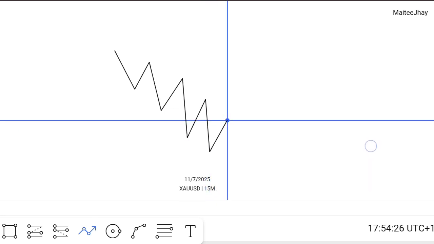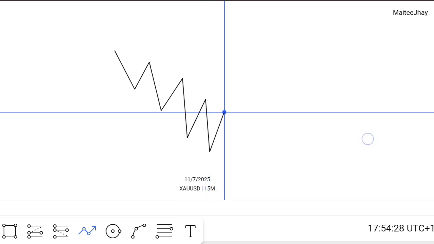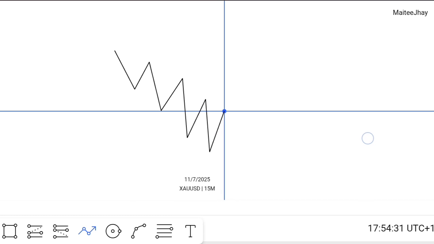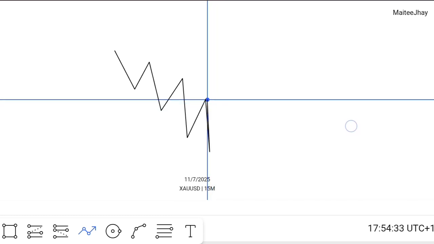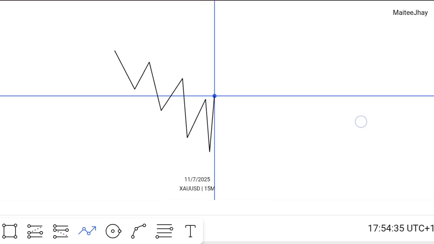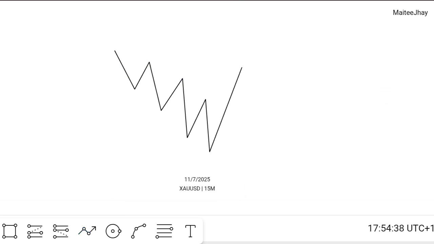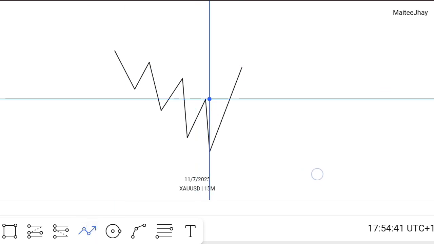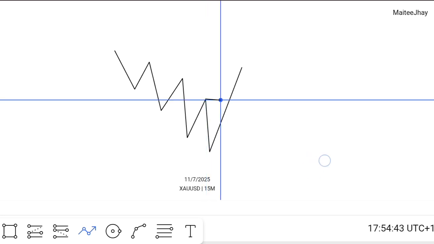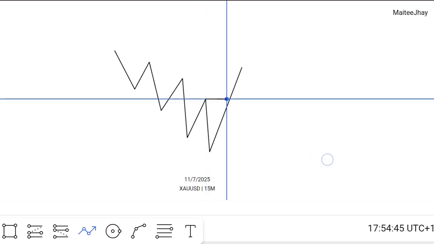Now instead of the market making another lower low and lower high, it breaks the recent lower high, making that zone a shift of structure, which is our MSS. This zone like this, this is the MSS.